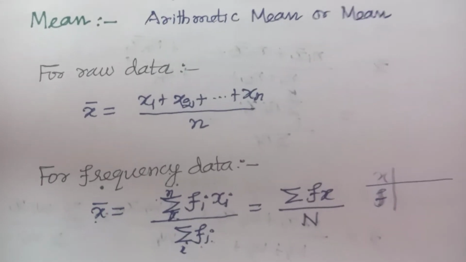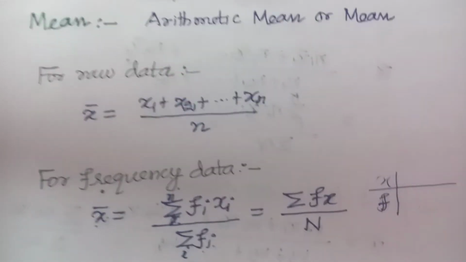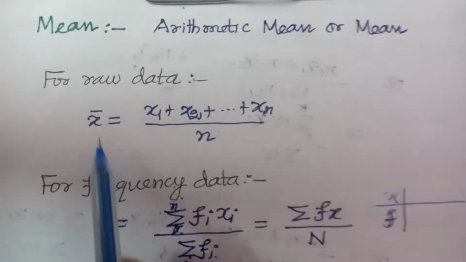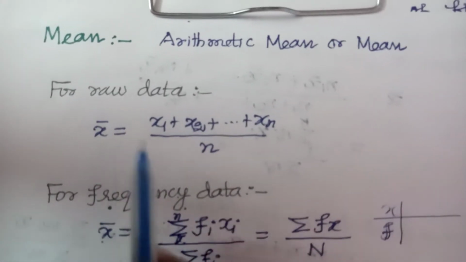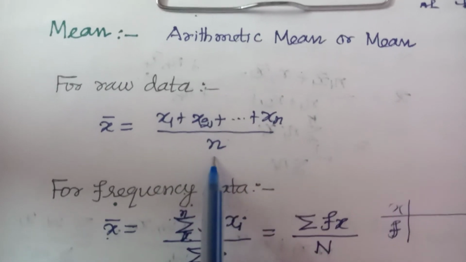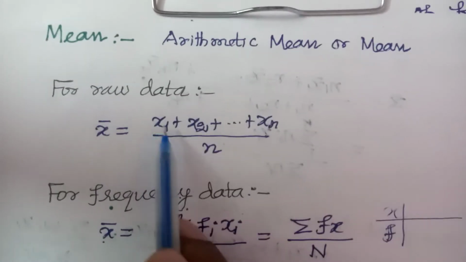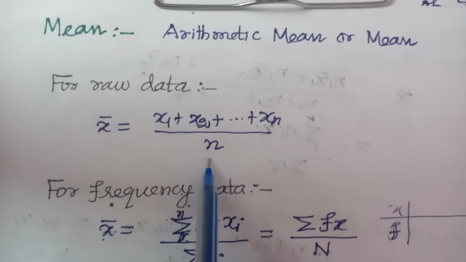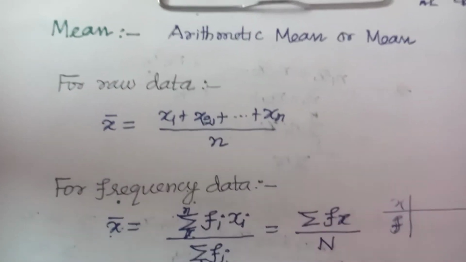So please listen. For raw data, the mean is x1 plus x2 plus etc. plus xn, overall divided by n, the number of observations. We know this very well, it is the basic concept.